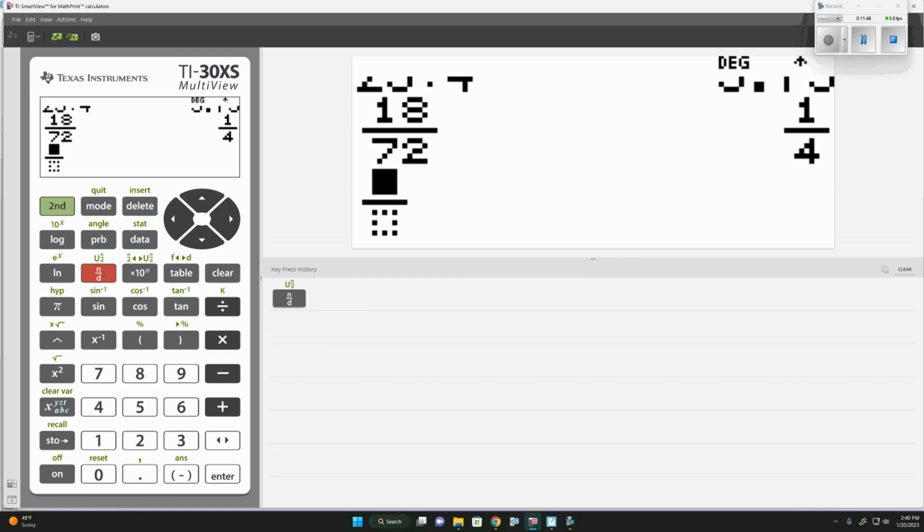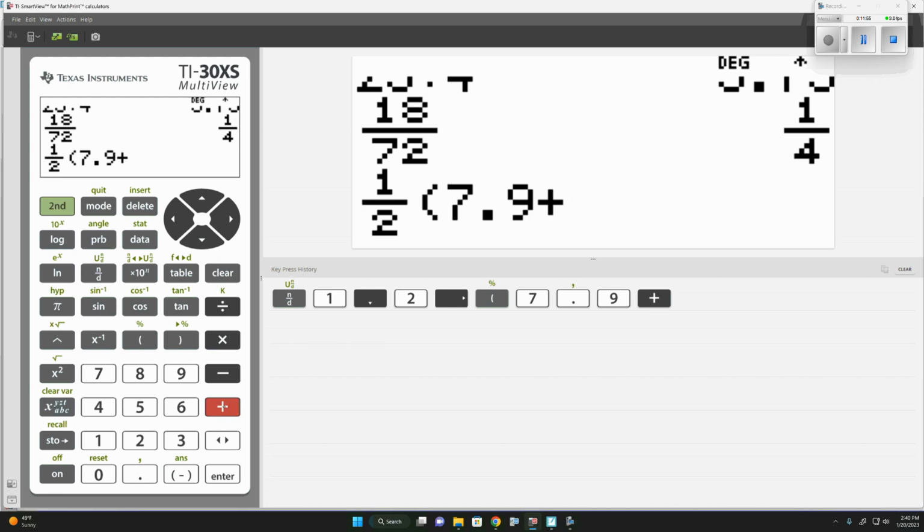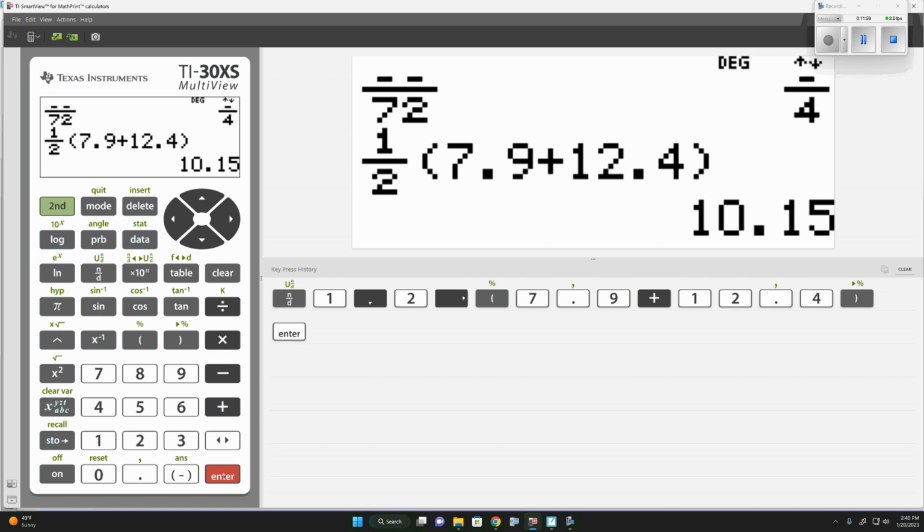Now in the calculator, we can say 1/2 parentheses 7.9 plus 12.4. Hit enter, and we get 10.15.